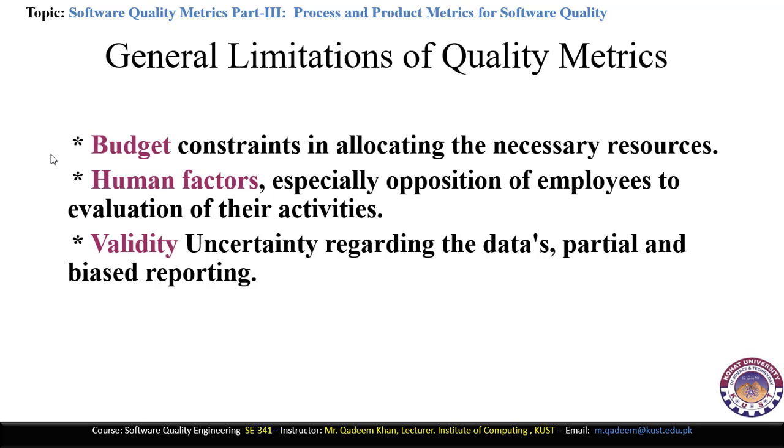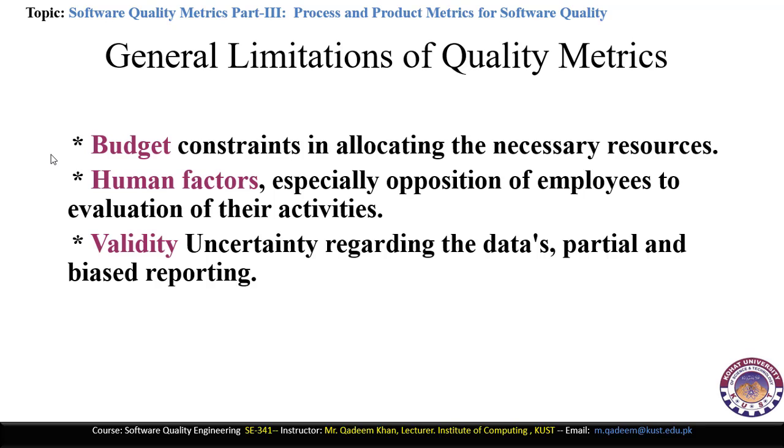For example, in our country, there is census. So census requires budget. If the resources required to compute the census are not as much as they should be, then the results will not be of the type which we are expecting. So quality matrix requires good budget shares.